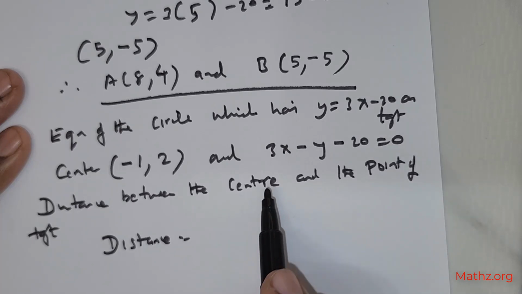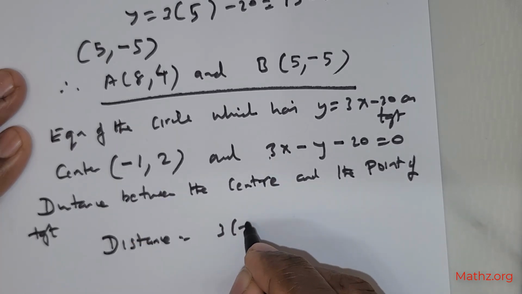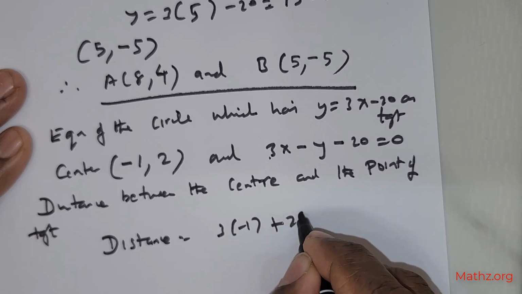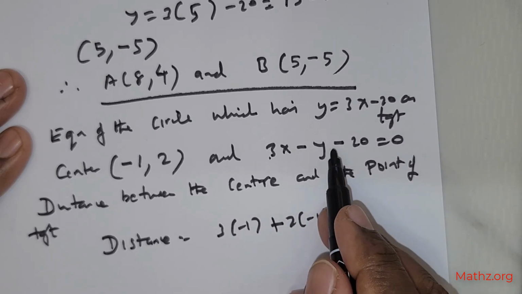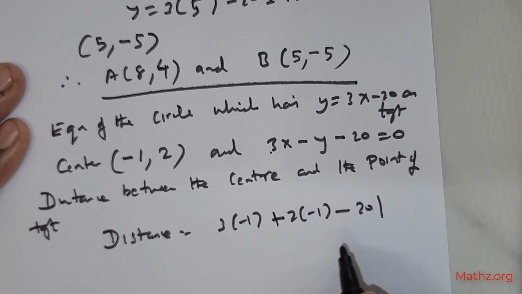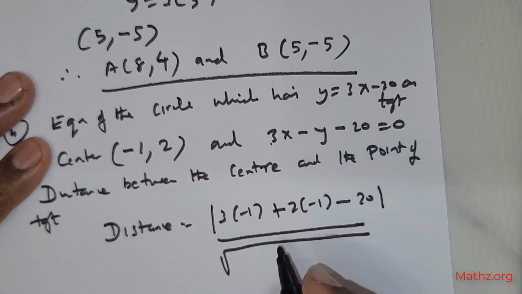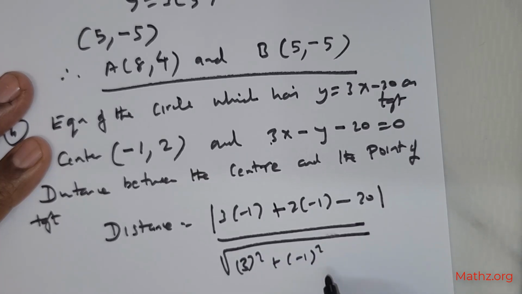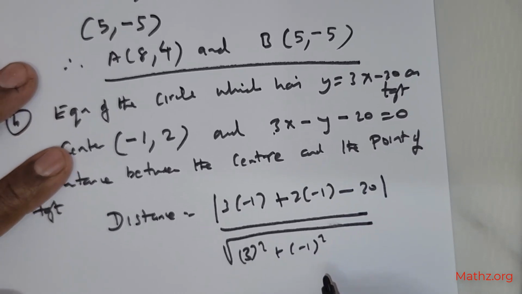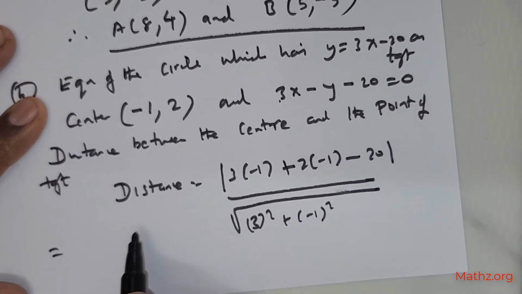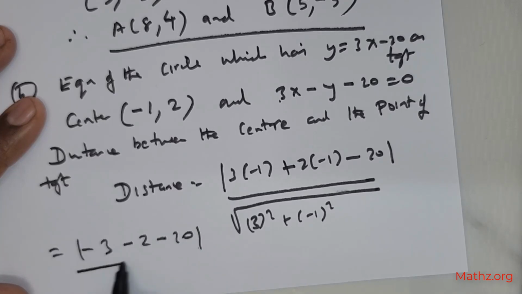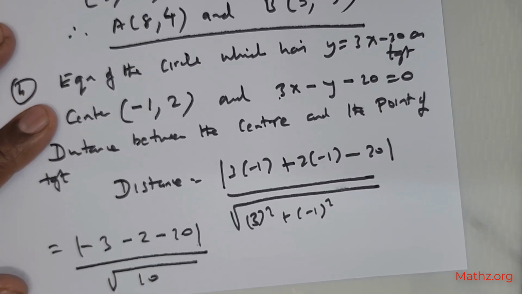So distance is equal to modulus of 3 times negative 1 positive 2 times negative 1, and then you have the constant negative 20, placed within the modulus, divided by square root of 3 squared plus negative 1 squared. So you need to take the square of these. So this is going to give me modulus of negative 3, negative 2, negative 20, divided by square root of 9 positive 1, that's 10.